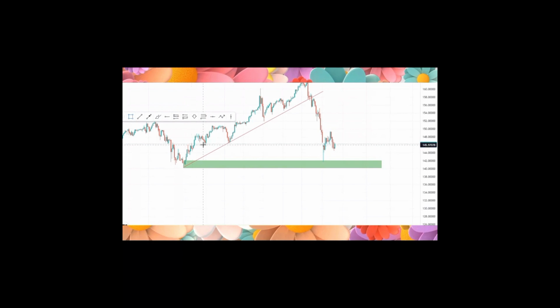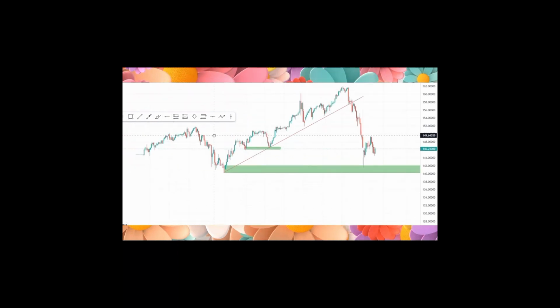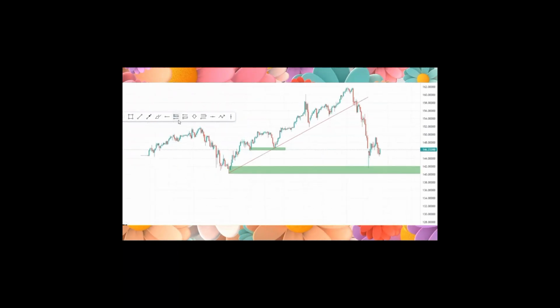So this was also one of the best areas to take your entry. After the first pullback, the second pullback came to the same lower low, the first lower low, higher low, before the market bounced to the upside.